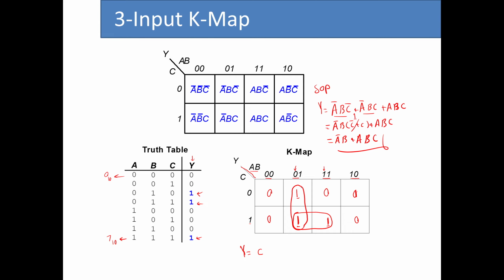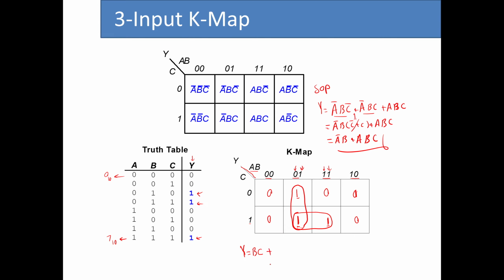What about B? B is included. Why? Because B has a fixed value. So it is 1 for both of these ones here. So that means that the term associated with this circle is going to be BC.